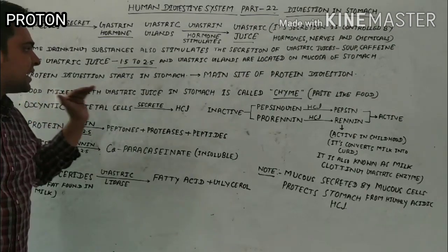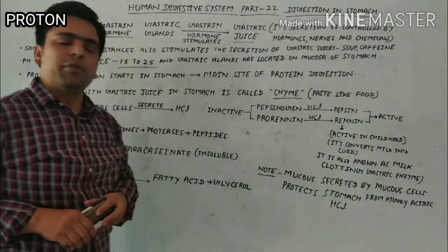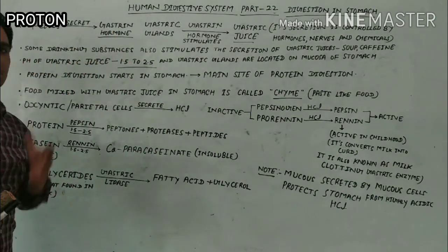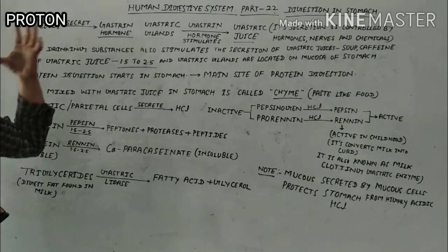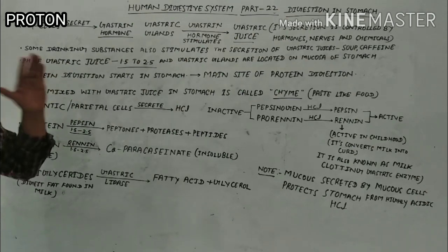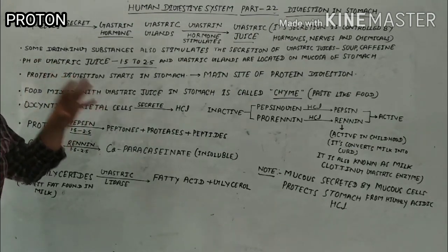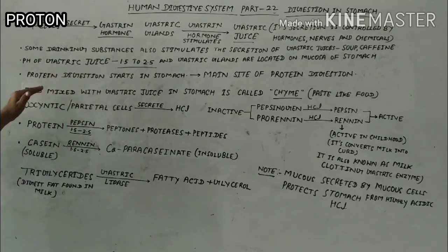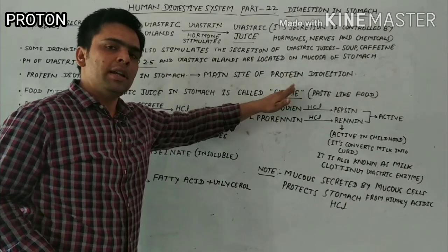Food mixed with gastric juice in the stomach is called chyme, which is a paste-like food. Students, we have discussed this point in our previous video, when we discussed the structure of the stomach, that when the food is mixed with the gastric juice in the stomach, the form of food is called chyme.